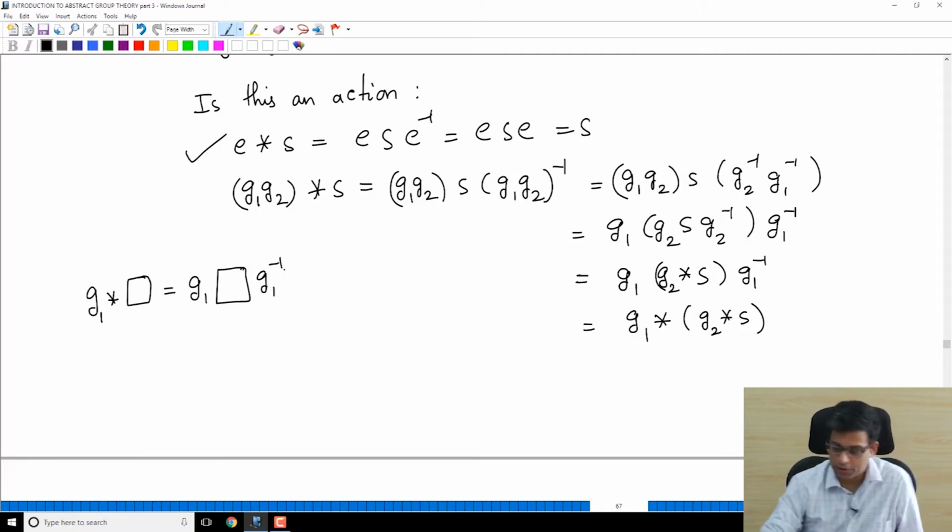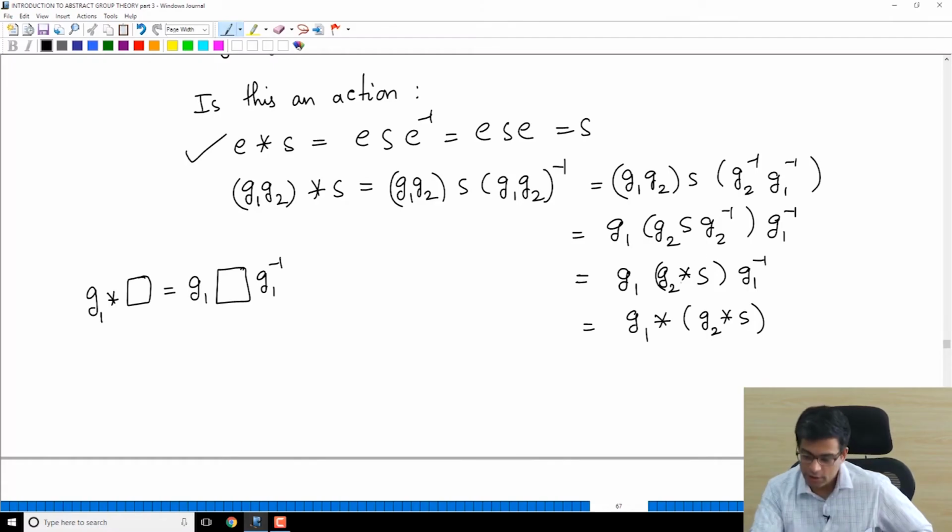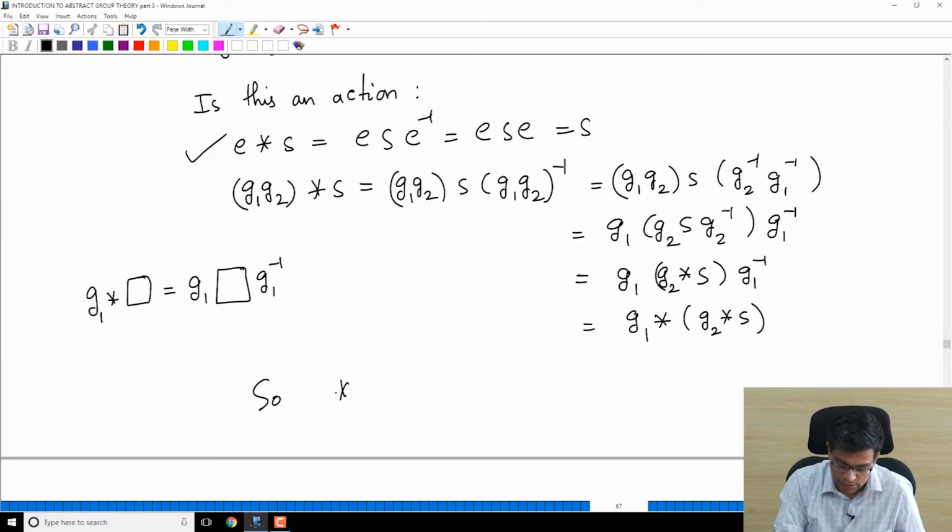This is the operation. So g1 times the middle thing times g1 inverse is g1 star that middle thing, right? So this says that (g1 g2) star s is g1 star (g2 star s). So star is an operation, is an action.